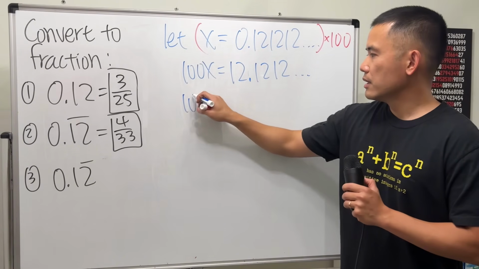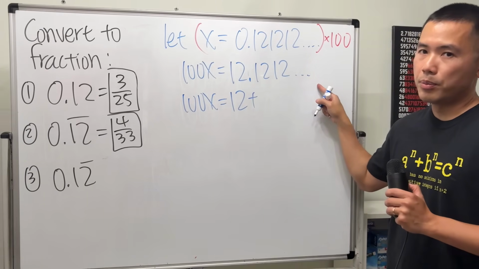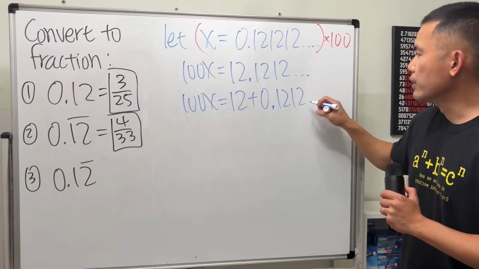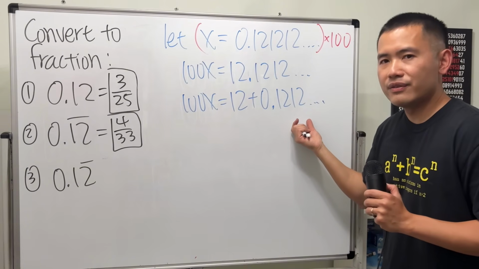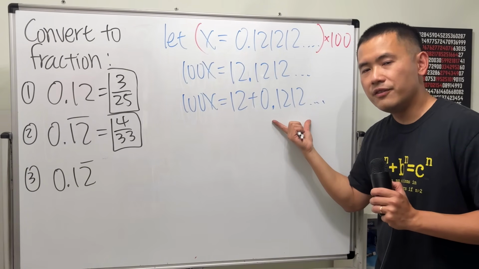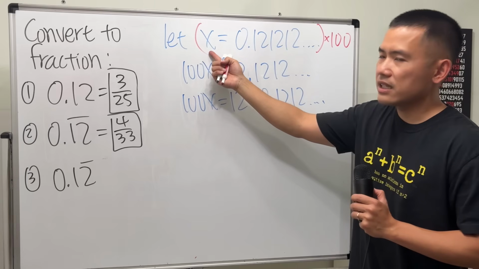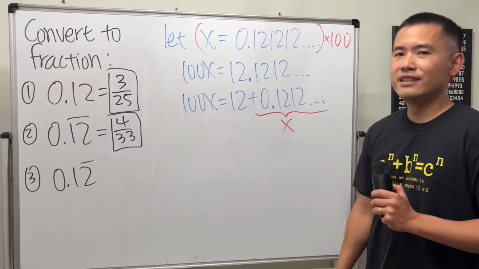Now have a look. This is 12 plus the decimal part, which is 0.1212, and so on. But how many 1s, 2s do we have? Technically infinitely many. Just like what we have originally for the x. So this, it's the same as x.